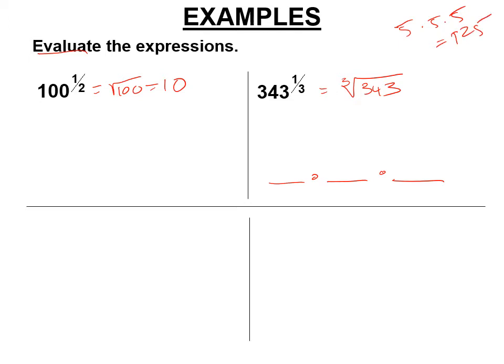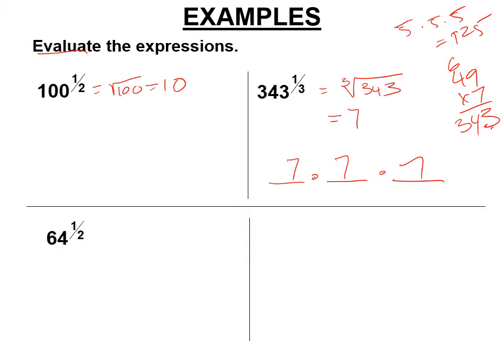So this has to be 6, 7, 8, 9, or 10. Well, it's definitely not 10, so it's 6, 7, 8, or 9. Let's try 7. 7 times 7 is 49, times another 7. Well, that ends in a 3. That's a good sign. 7 times 4, 28, plus 6. Yep, the cube root of 343 is 7, and 343 to the 1/3 is 7.